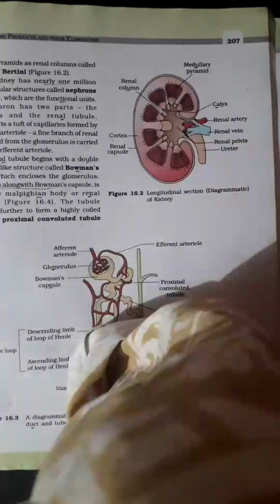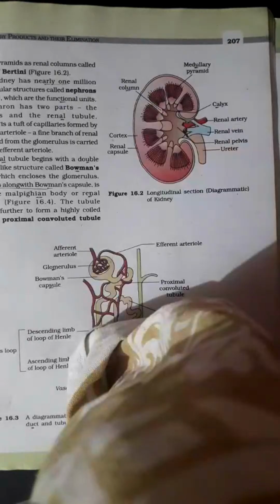The outer part is the cortex, the inner part is the medulla, and the medulla is divided into a few conical masses. These medullary pyramids project into the calyces and then to the pelvis. So this is the structure inside the kidney, from outer to inner: cortex, then medulla.